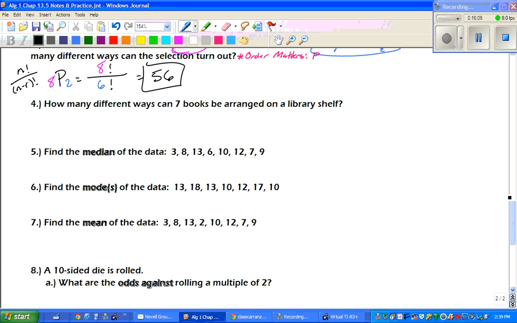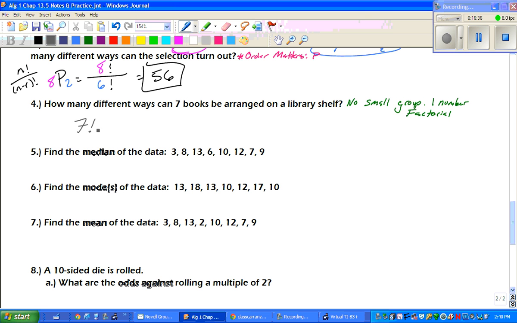All right, number 7, how many different ways can 7 books be arranged on a library shelf? Okay, now, looking at the information, they only gave us one number, and there is no small group, okay? So when that happens, if there's only one number, they're talking about doing a factorial, okay?